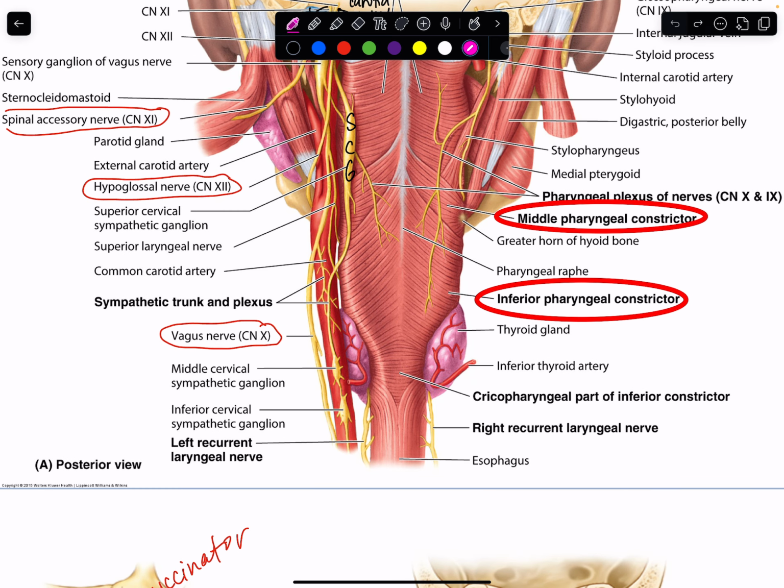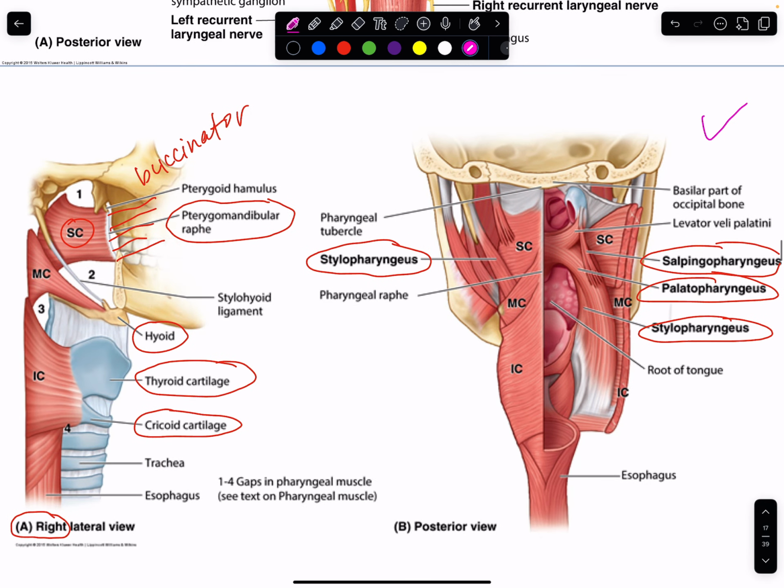Here's your right recurrent laryngeal, which loops back upward. And here you can see another view from the side of where your constrictor muscles will end up. So here, pterygoid coming in again and again. Middle constrictor coming onto hyoid, and inferior constrictor coming onto your thyroid and cricoid cartilage there.